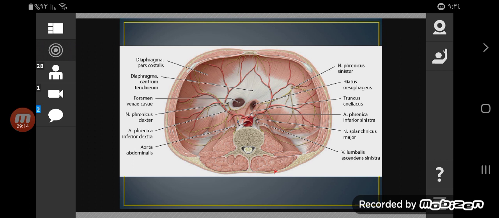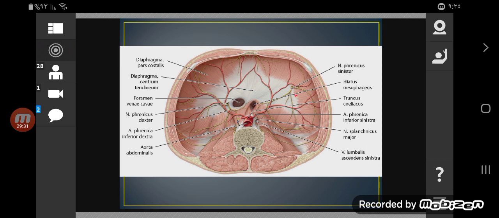And the terminal part of the musculophrenic artery comes here, constituting the inferior phrenic diaphragm, as you see in this picture.